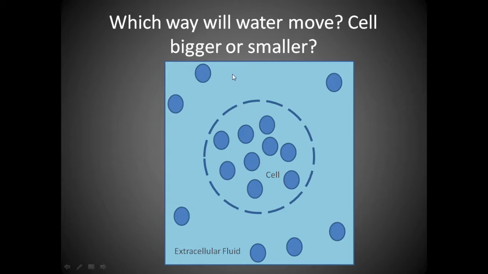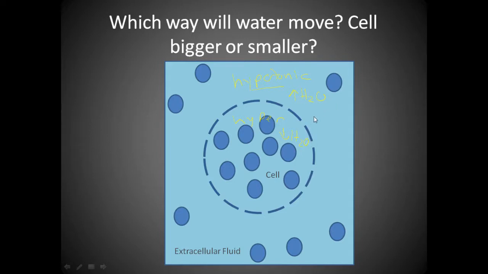Okay, now just a reminder, this is the hypo side, hypotonic, and this is the hypertonic. This side has less stuff, but it has more water. The hypotonic side has more water. The hyper side has less water.